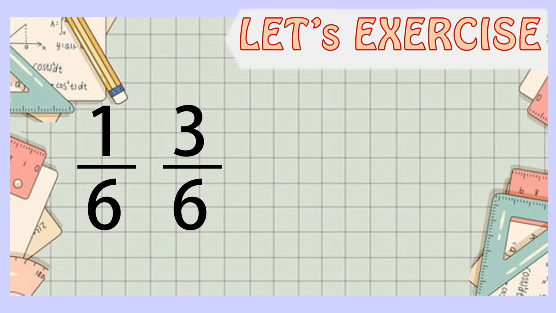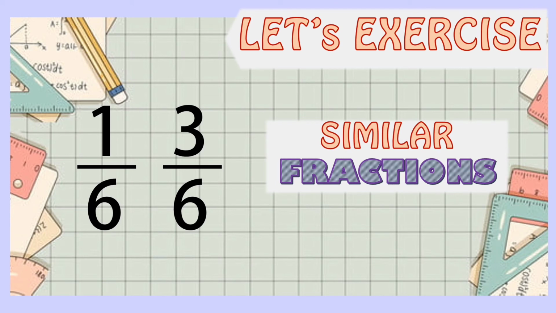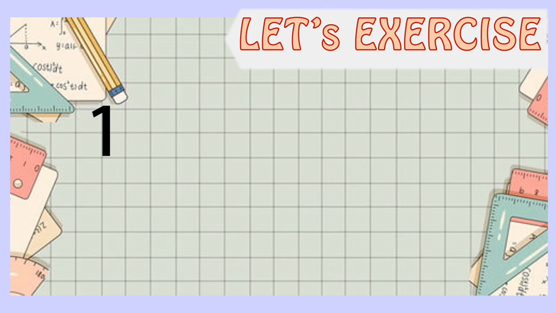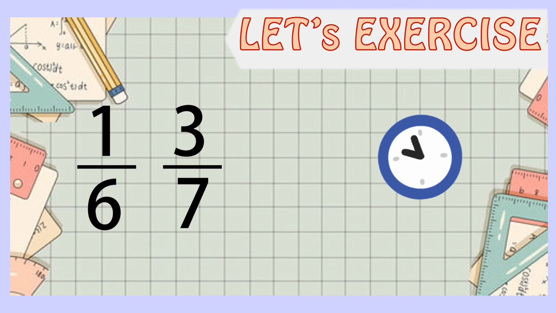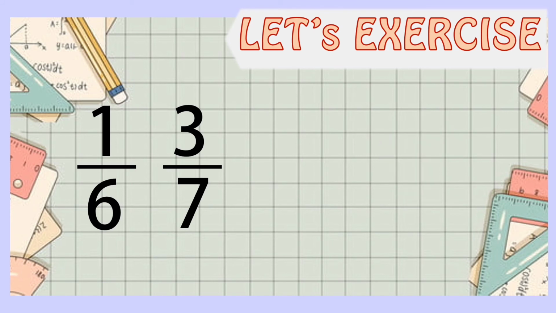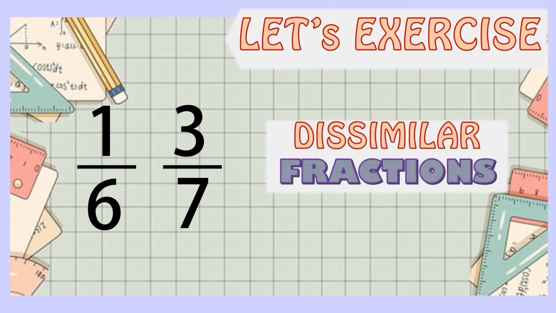As we can see, they have the same denominator, so they are similar fractions. Next, 1/6 and 3/7. The denominators are different, so they are dissimilar fractions.